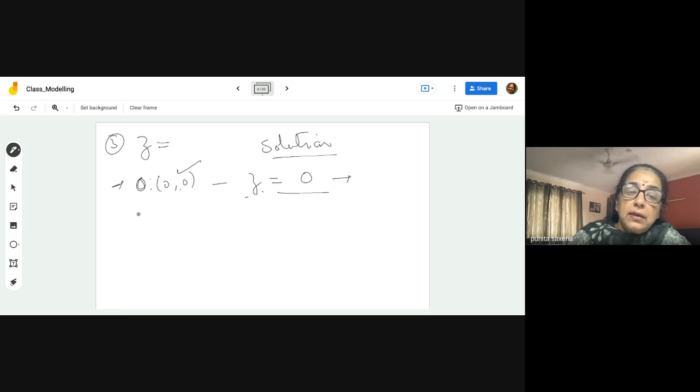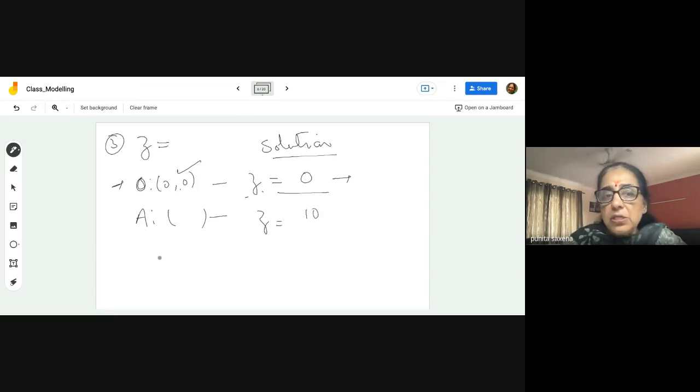What do you do then? You look at another point A, you have the coordinates for this, you compute Z, right? Supposing this turns out to be 10. I'm just assuming, okay. Now what has happened? Your problem was, say, maximization type, right? So your value of Z has improved from 0 to 10. बढ़ गई ना?